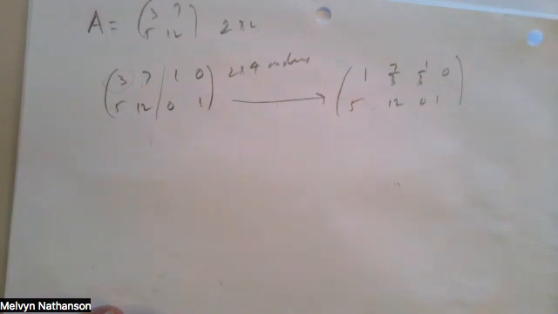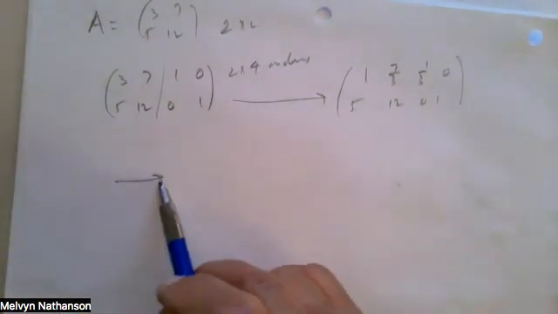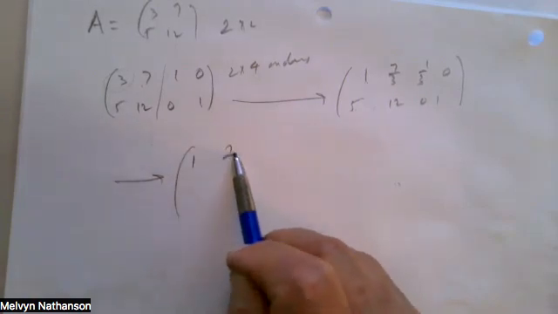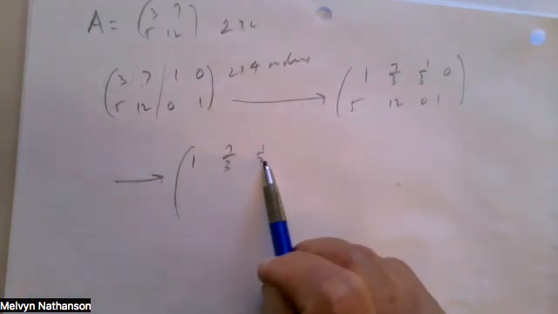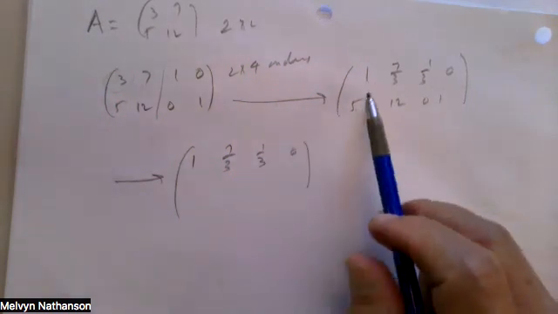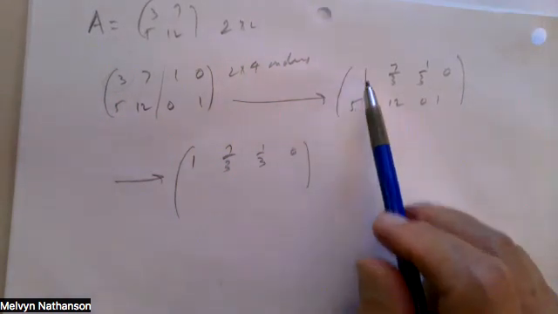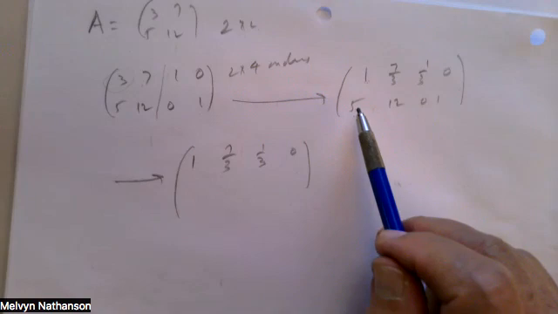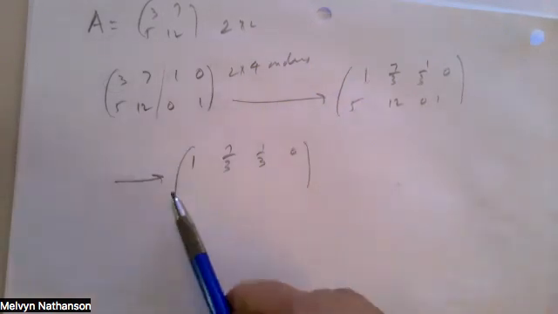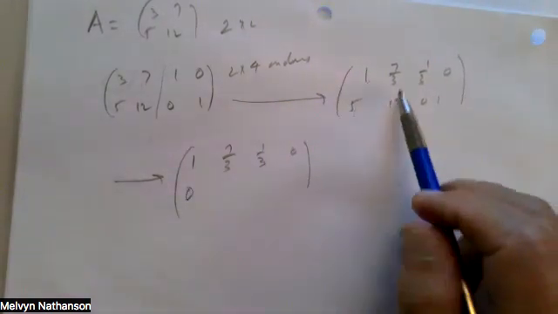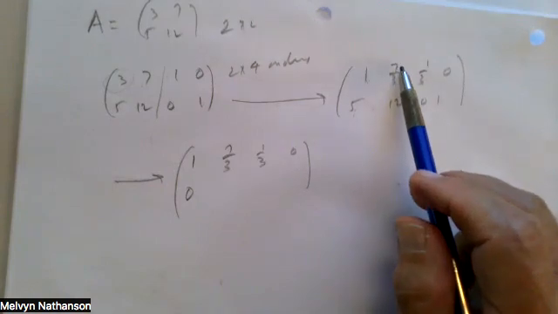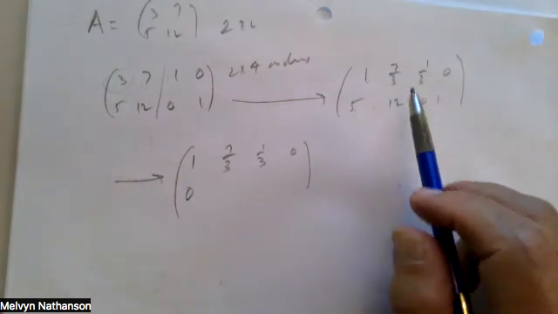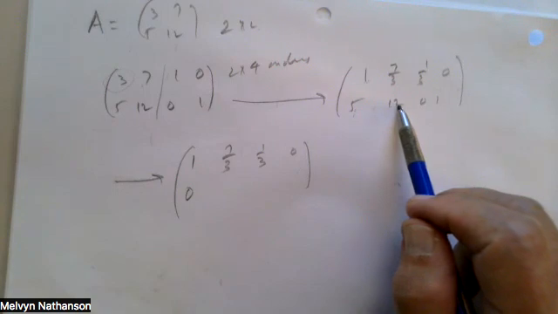Okay. I want that to be a 1. I want a 0 here. So I have my first row, and I subtract 5 times the first row from the second row. So 5 minus 5 is 0. 12 minus 5 times 7, 35 over 3. 12 is 36 over 3.